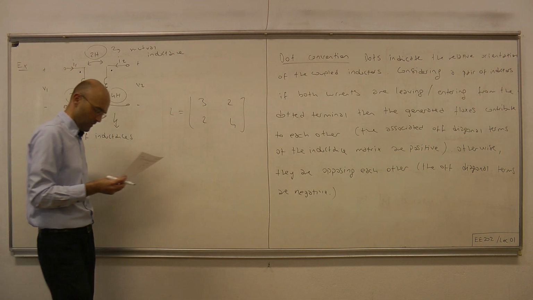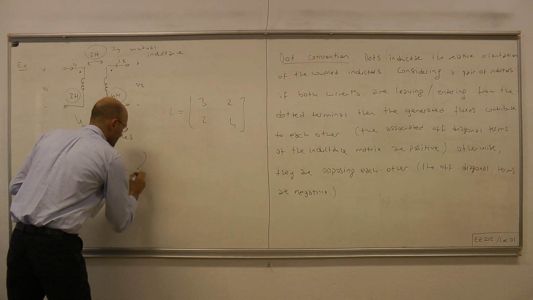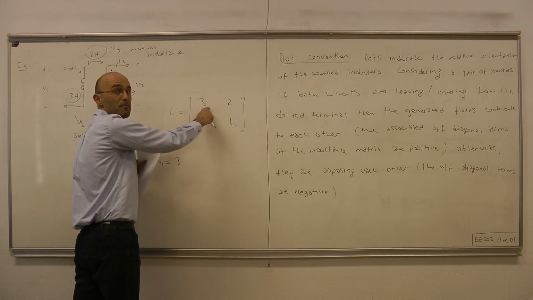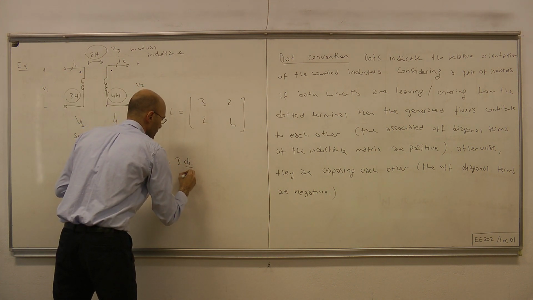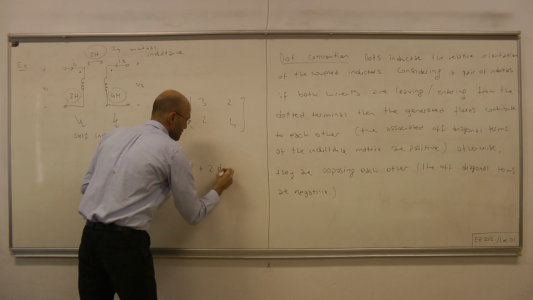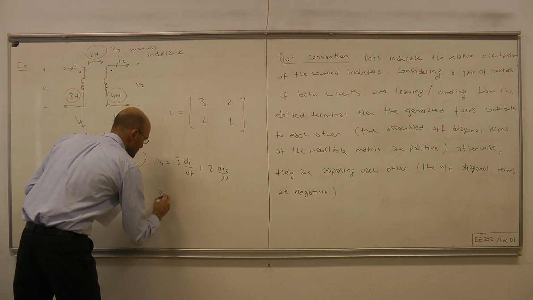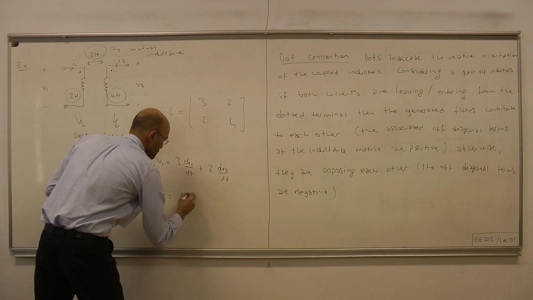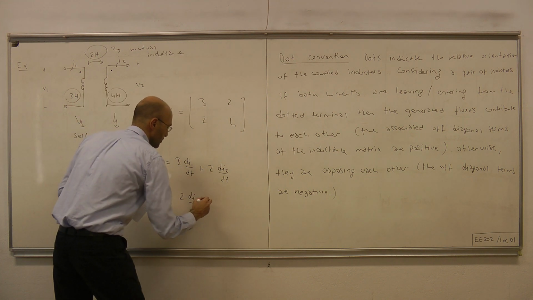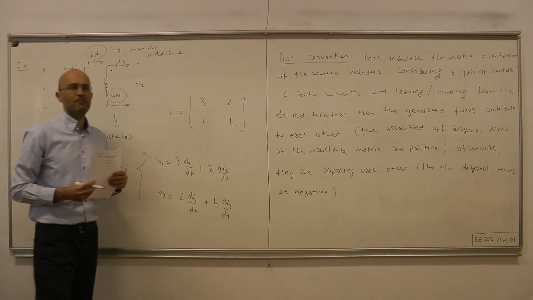So in other words, V1 equals 3 times dI1/dt plus 2 times dI2/dt. And V2 equals 2 times dI1/dt, the coupling term, plus 4 times dI2/dt.